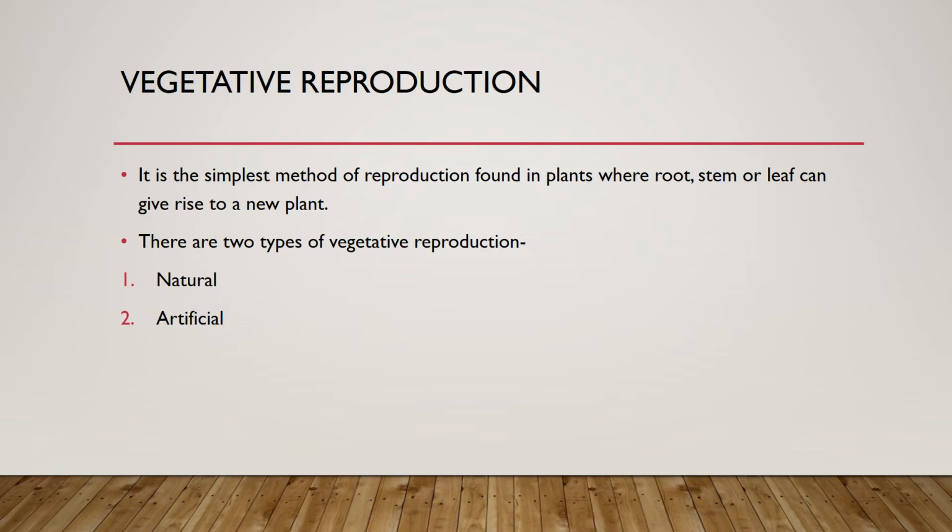So again I will repeat what is vegetative reproduction. Vegetative reproduction means where different parts of the plant, either root, stem or leaf, reproduce a new baby plant. There are two types, natural and artificial.